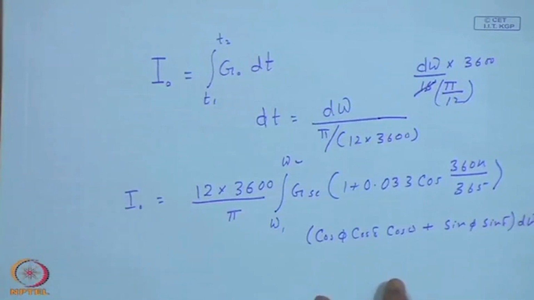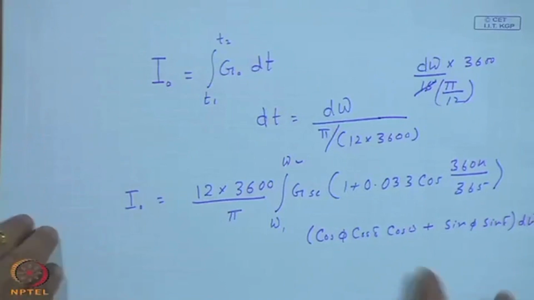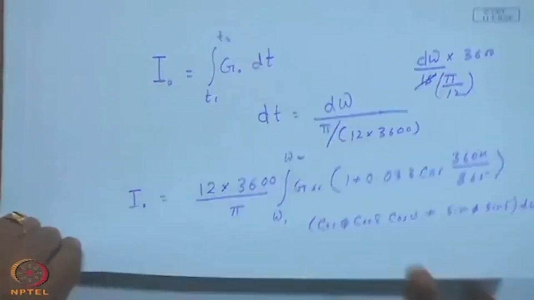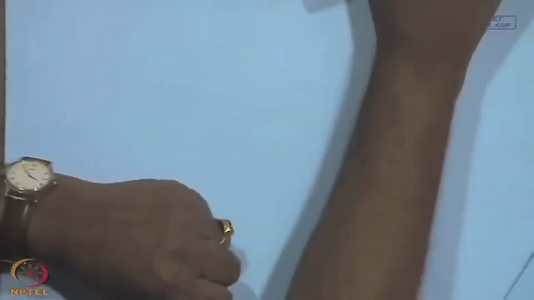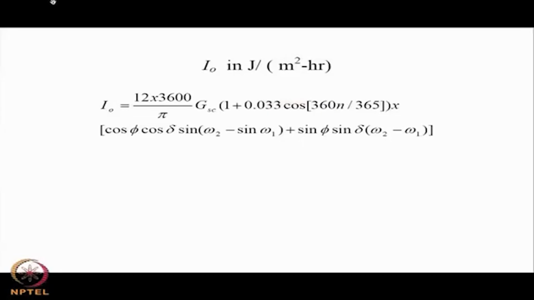This cos phi cos delta cos omega plus sin phi sin delta is nothing but the expression for cosine theta z. So, this can be easily integrated. You will get, in terms of that, cos omega integrated becomes a sin omega. In the limits, it should be sin omega 2 minus sin omega 1. Okay. That you can just check, and then sin phi sin delta into omega 2 minus omega 1. Agreed? So, I will rewrite I 0.